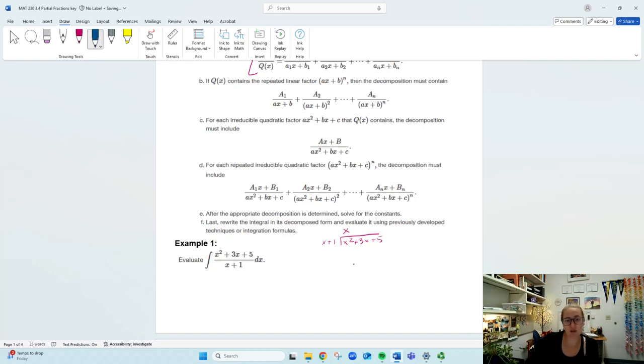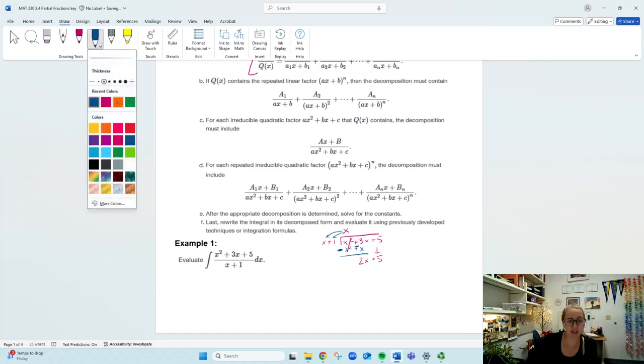So now I can do x times my x here gives me x squared, and then x times this 1 gives me a plus 1. And I'm going to be subtracting not just my x squared, but also my x up here. So these two things will cancel out. I'll have 3x minus x to give me a 2x, and I'm going to bring my 5 down here.